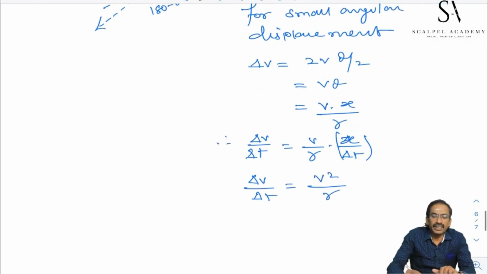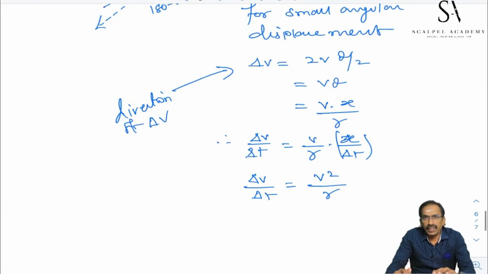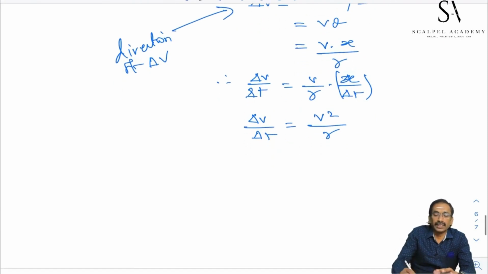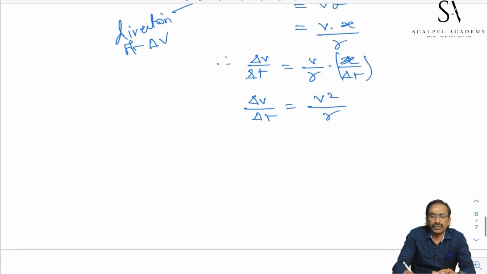Then what is the direction of delta v? Shall we learn? Okay. Before that, delta v by delta t is called another acceleration. This acceleration is called radial acceleration because the direction of delta v will be along the radius. Let us see that also.